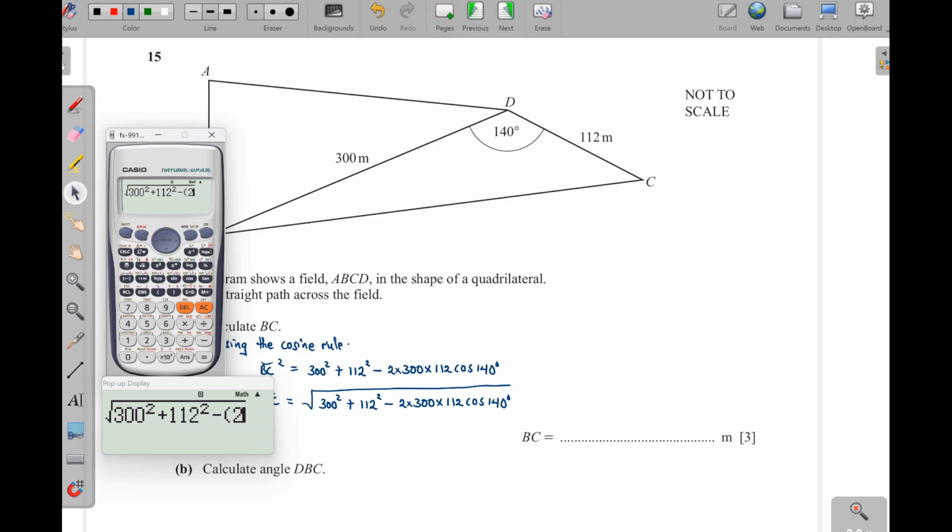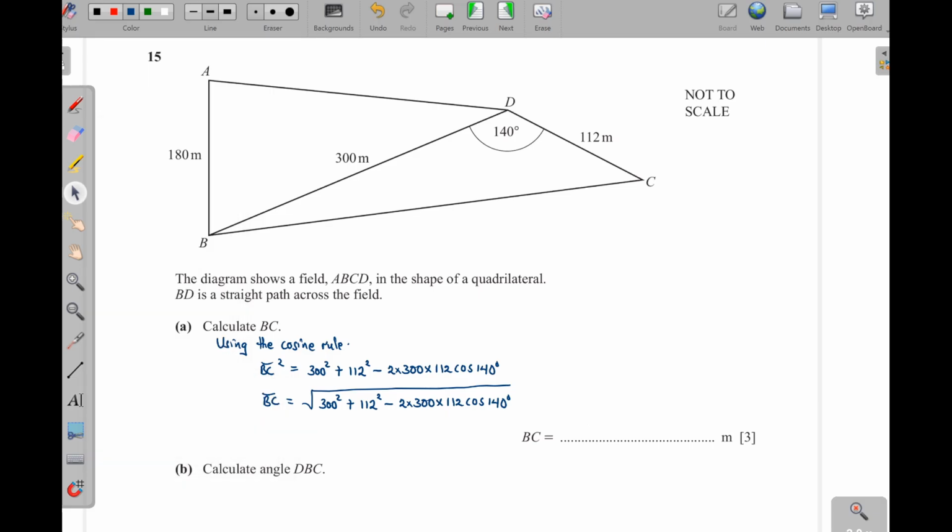Now we have 2 times 300 times 112, then the cosine of 140, then we close, and then we close. That is 392. And the rest of those figures, to 3 significant figures, I'll write 392, not so. 392. That is 3 significant figures.